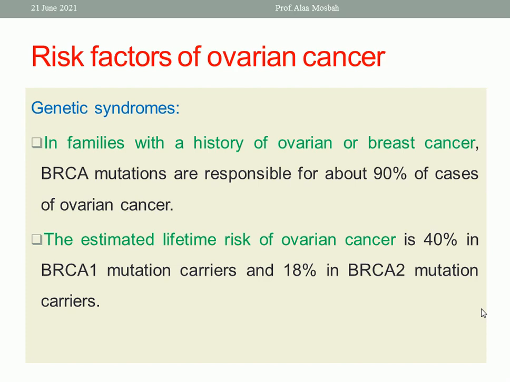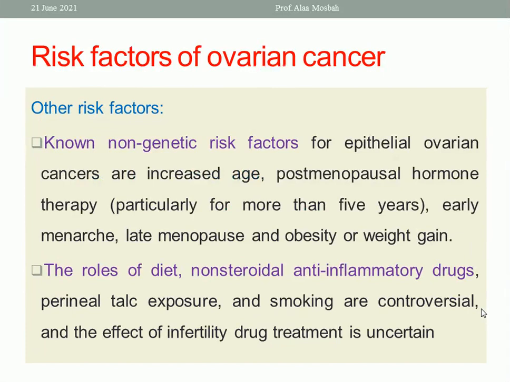In families with a history of ovarian or breast cancer, BRCA mutations are responsible for about 90% of cases of ovarian cancer. The estimated lifetime risk of ovarian cancer is 40% in BRCA1 mutation, while it is 18% in BRCA2 mutation. So, BRCA1 is more dangerous. Other risk factors include postmenopausal hormone therapy, specifically if the woman takes hormone therapy for more than 5 years.